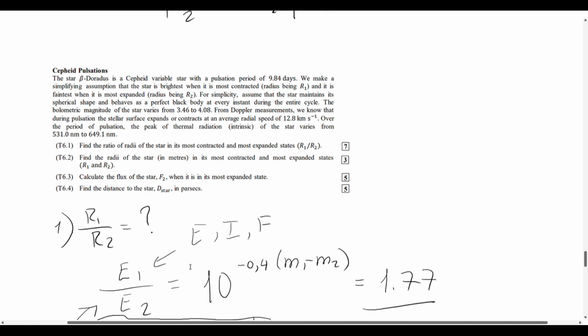Okay, so let's move to the third question. We have to calculate the flux of the star, F2 or E2, when it is in its most expanded state. Okay, let's do that.